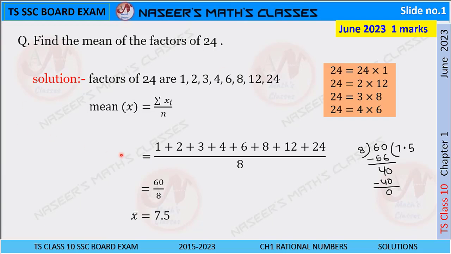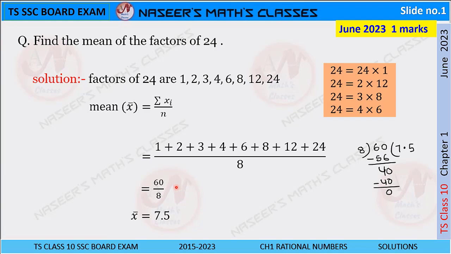We already know that the mean formula is written as x bar is equal to summation xi by n. Here summation xi means the sum of the observations, n means the number of observations. Here the total number of observations is 8, and by adding 1, 2, 3, 4, 6, 8, 12 and 24 we get 60.